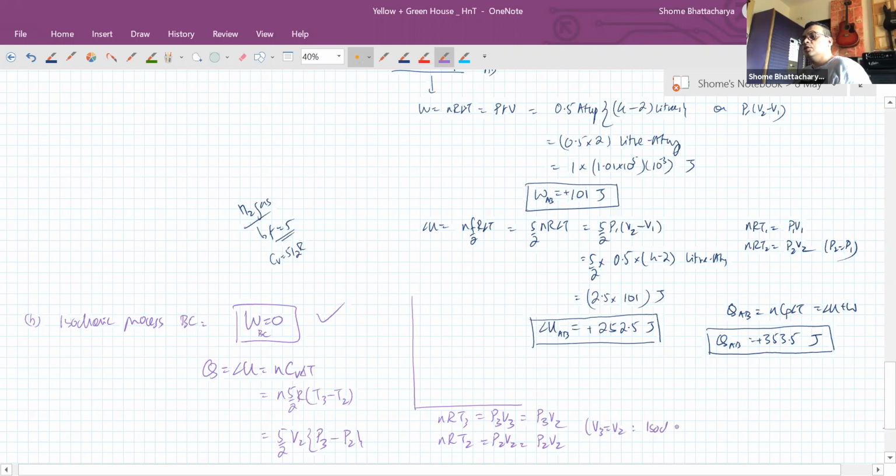It's an isochoric process. Okay, so basically nR delta T can be written as V delta P for isochoric process. Okay.